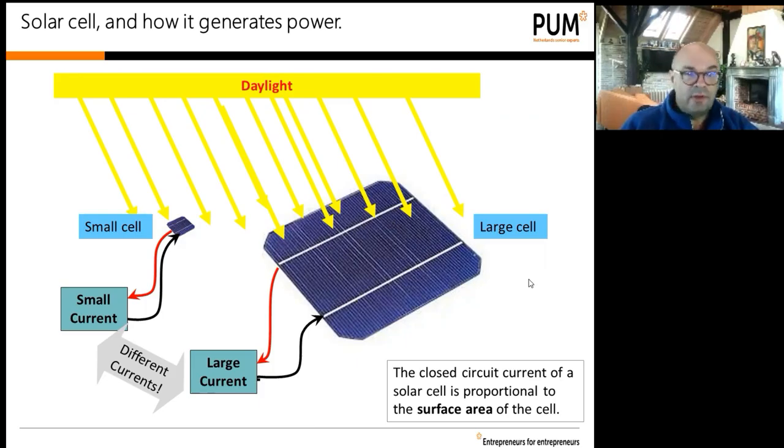So basically you can say that a large cell generates more power because the current is higher than the small cell. And it's also proportional to the surface area of the cell. So if the large cell is 10 times bigger than the small cell, the current is also 10 times bigger than the small cell.